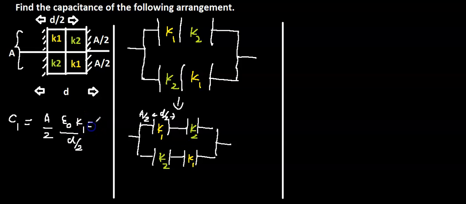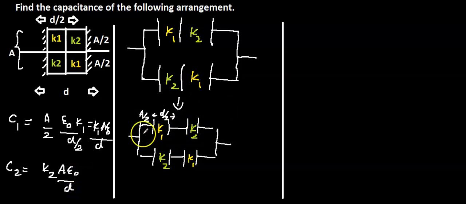So C1 is K1 times A epsilon naught by D. Sorry about that. Similarly, C2 is the exact same thing, except we have K2 instead of K1. So C2 is K2 times A epsilon naught by D.